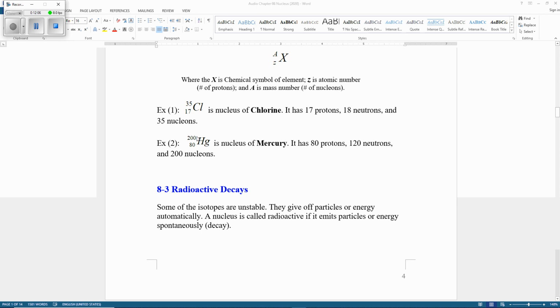So how can you find the neutrons? Because this is the total number, 200 minus 80 gives you 120. That gives you the number of neutrons. So it has 80 protons, 120 neutrons, and 200 nucleons.